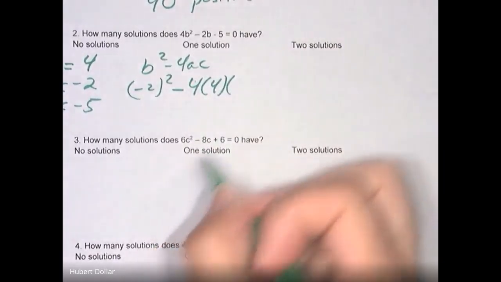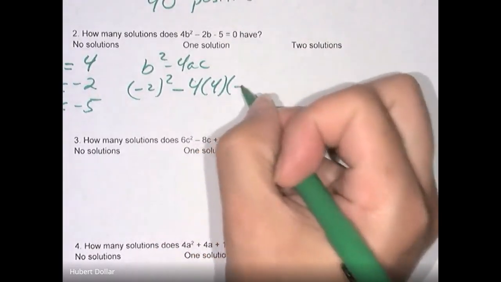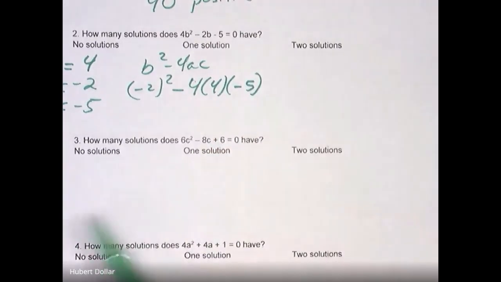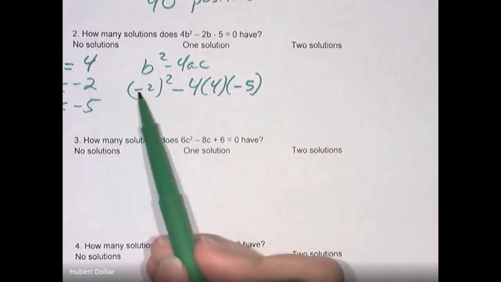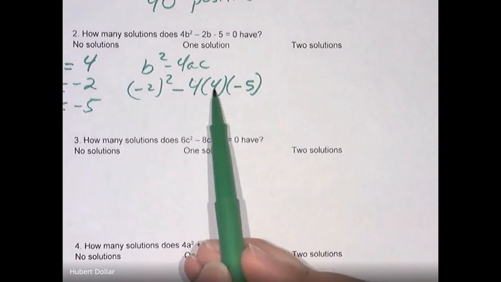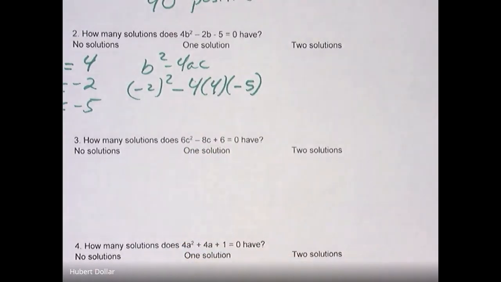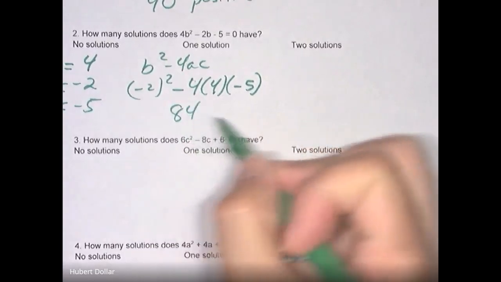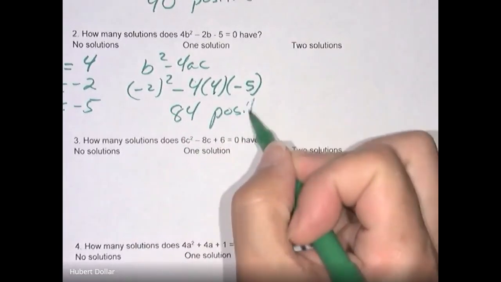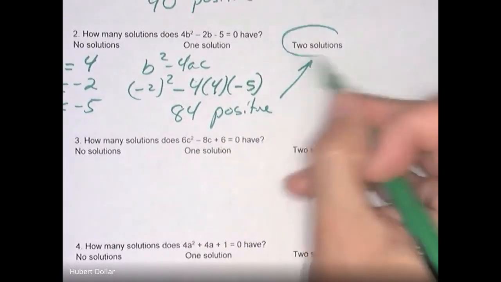Or, since squaring a negative becomes positive anyhow, you might just make it positive. So that is negative 2 squared minus 4 times a times c. In the calculator, negative 2 squared is positive 4, minus 4 times 4 times negative 5 is a positive 84. Since it is positive, there are two solutions.